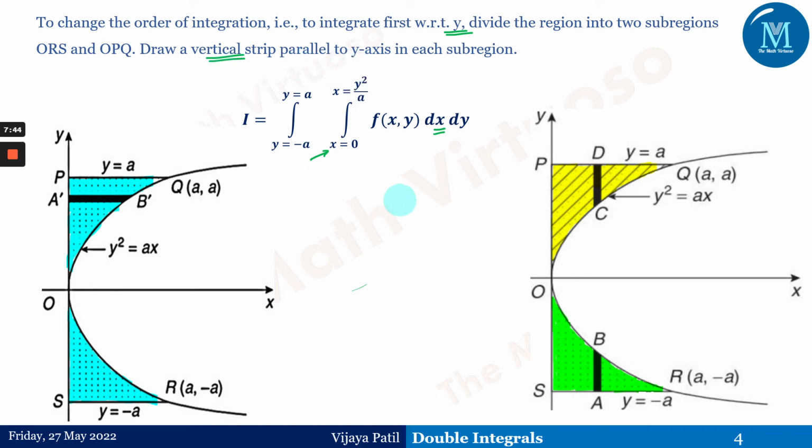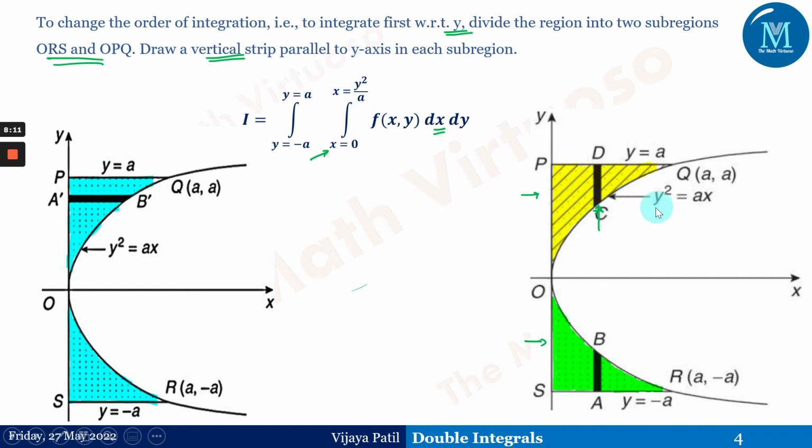So now why do we have to consider two regions here? Let me explain. If you observe here, this particular region and this particular region are different whenever we are considering a strip parallel to y-axis. Why? Because in OQP, that is in this yellow part, the lower end of the curve is lying on this particular parabola.